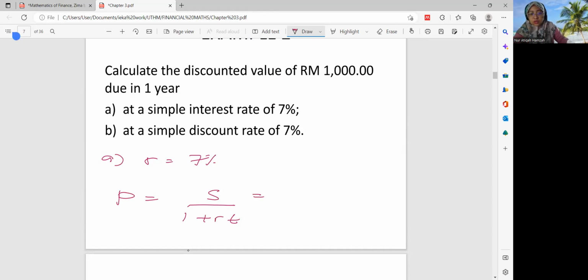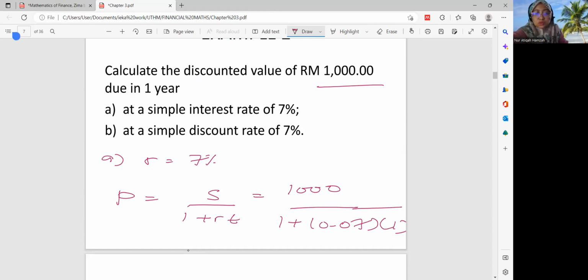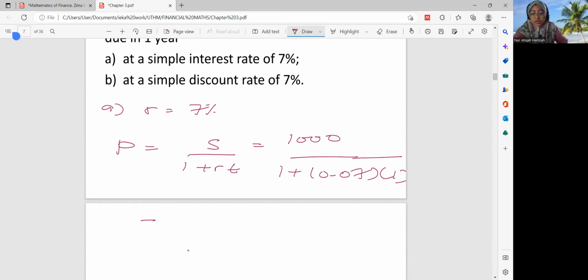So we get 1,000, this is our S, over 1 plus 0.07 times 1. The answer for question A is RM934.58.